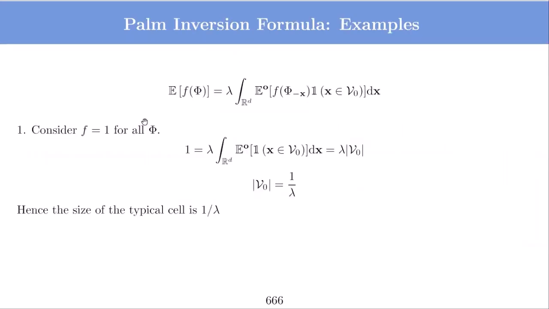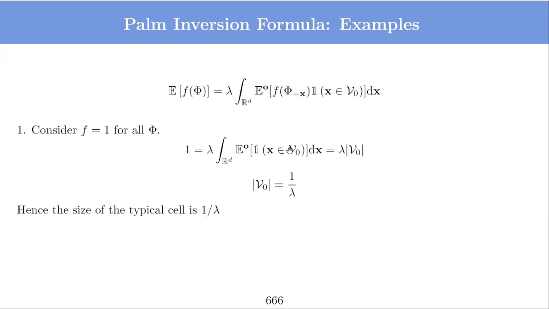The first one I am going to take is where I just take the identity function, so f(Φ) is equal to 1 for all Φ. If I put this, I get the expectation of 1, which is 1. Because f is 1 for all Φ, f(Φ−x) will also be 1. So this will just become the integral of the Palm expectation of the indicator that x belongs to V0, dx.